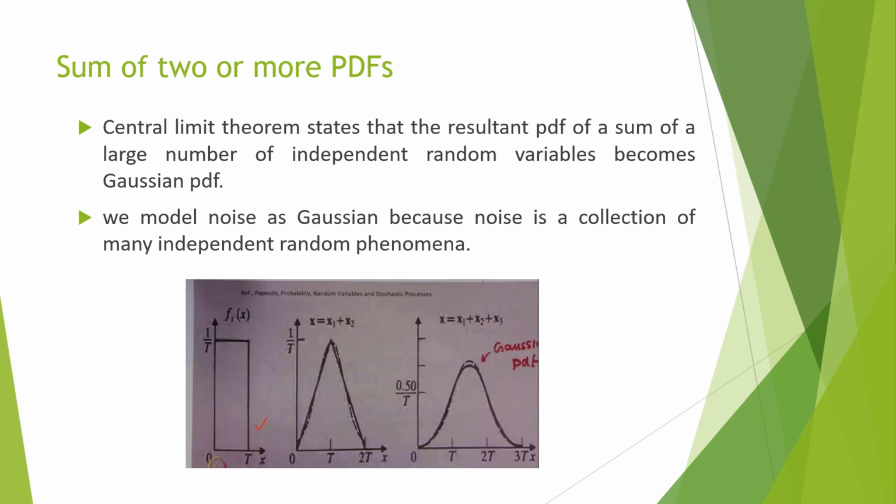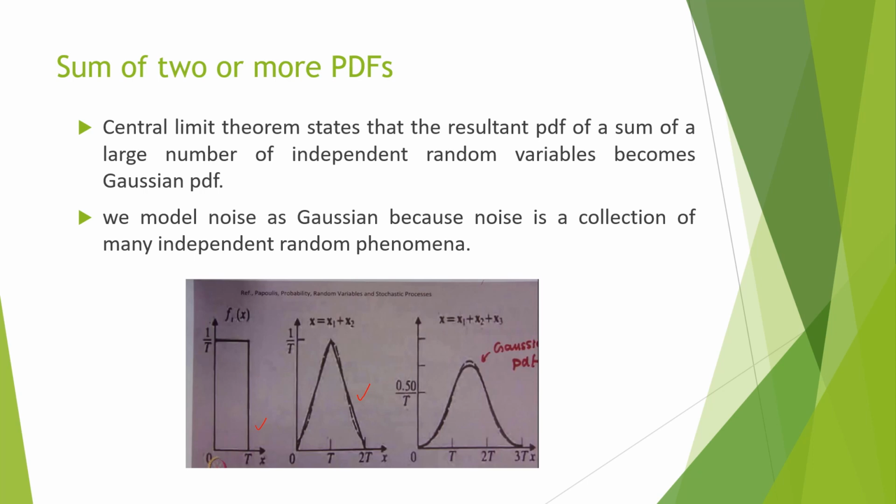Now, if I add x1 and x2, x1 is a rectangular PDF, similarly x2 is also a rectangular PDF. We know from signals and systems that if you convolve two rectangular pulses, we get a triangular pulse like this.